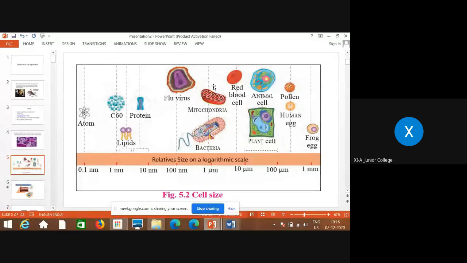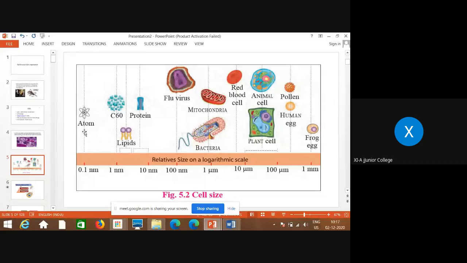And this is also the picture in your textbook, showing how size varies from 0.1 nanometer to 1 nanometer, 10 nanometer, 100 nanometer, 1 micrometer, 10, 100, and then 1 millimeter. From this picture you can get to know which size is visible to our eyes.